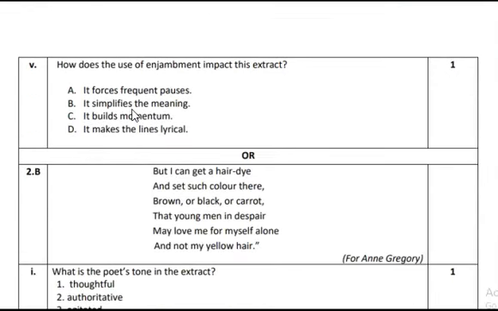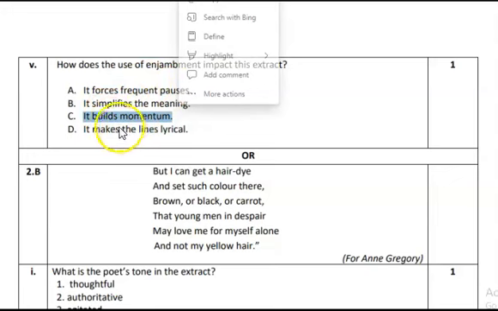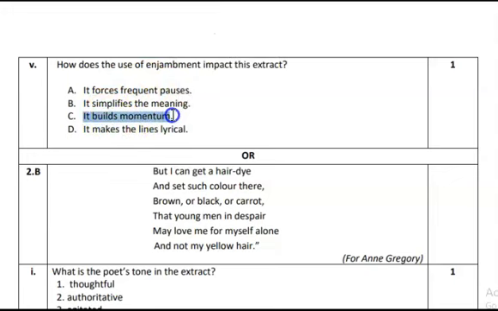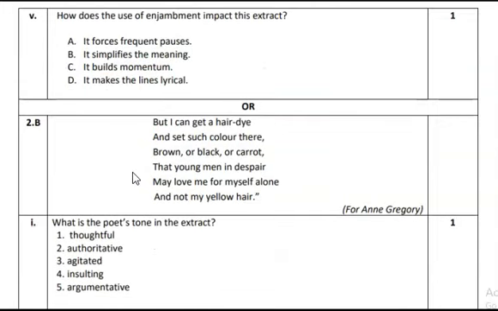How does the use of enjambment impact this extract? This is building momentum. Enjambment is a literary device that continues to the next sentence also, so it gives momentum to the extract. So these questions are standard questions.